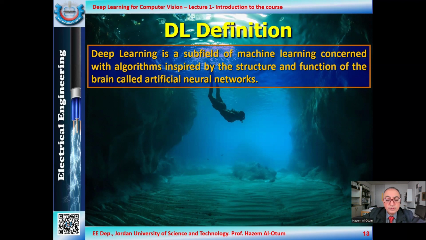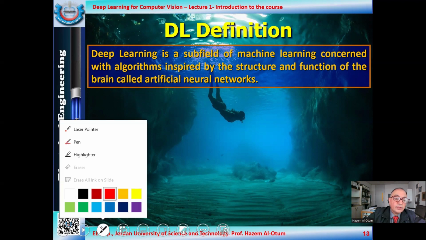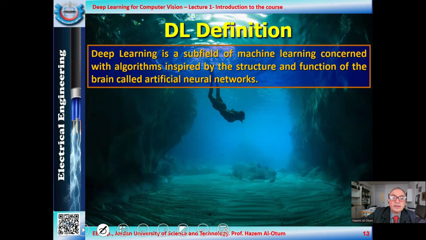So deep learning is an extension of machine learning with stronger and better performance, but with higher requirements regarding memory and computational cost, with the objective of getting better performance. And it tries to make use of the brain structure.